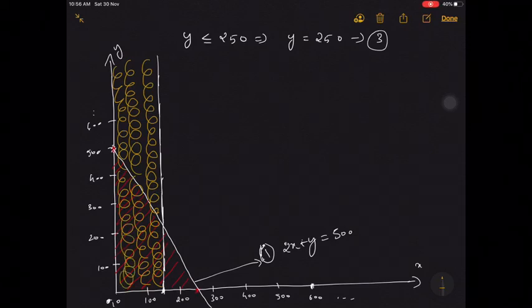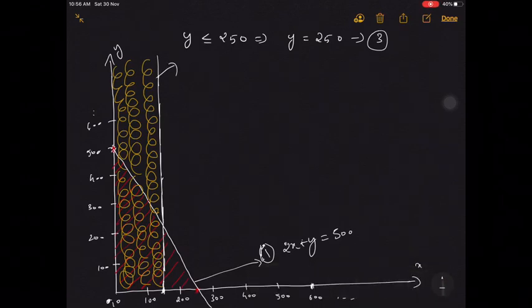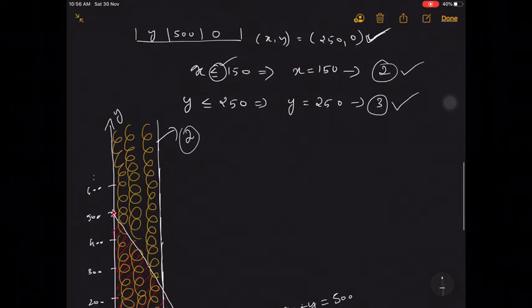Okay, so we are done with two lines. This is equation 2. Now we have to consider the last equation, that is equation 3.